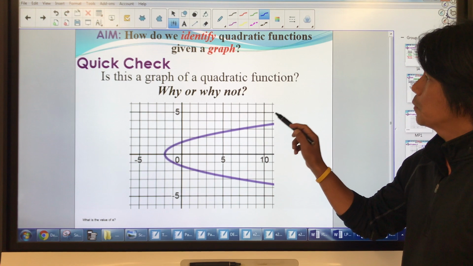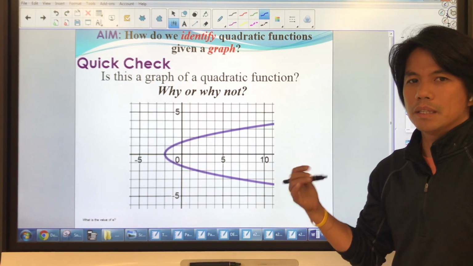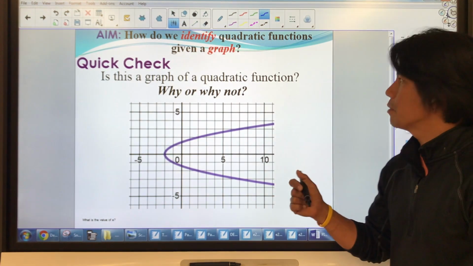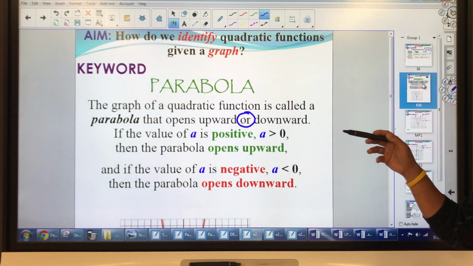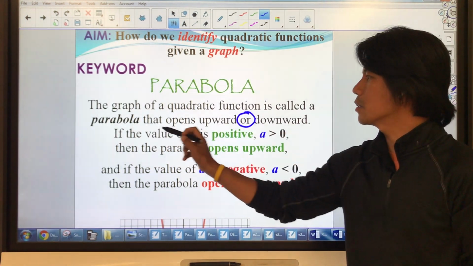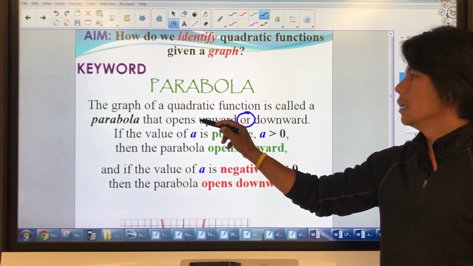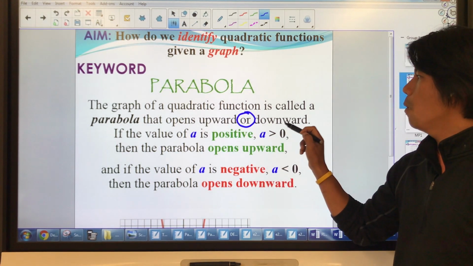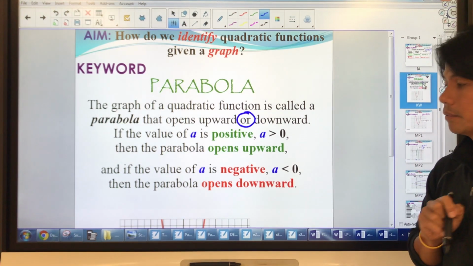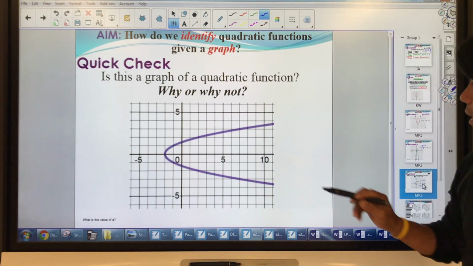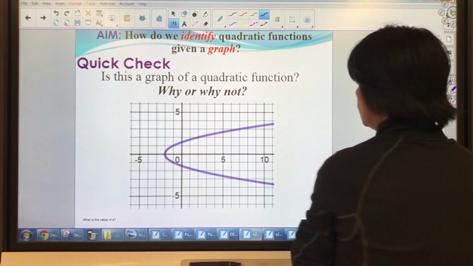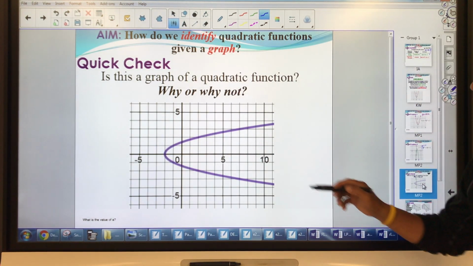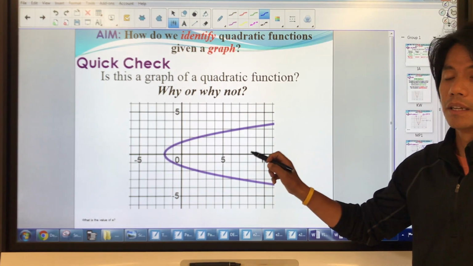Now, question. Let's have a quick check. Is this a graph of a quadratic function? Why or why not? Nope. Again, remember the definition of a parabola, which is the graph of a quadratic function. It only opens either upward or downward. In this case, it opens sideward. It opens to the right, and it's not even a function.